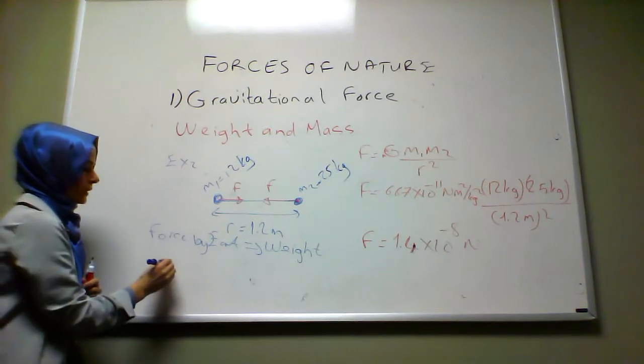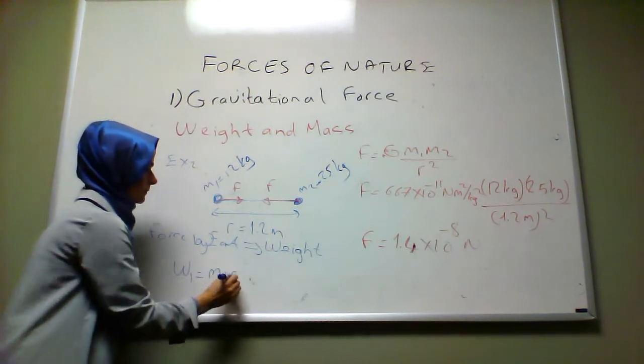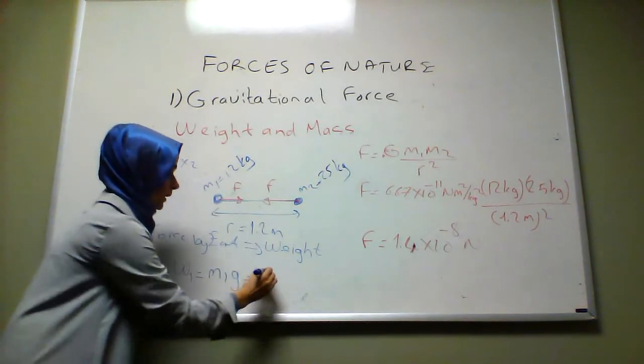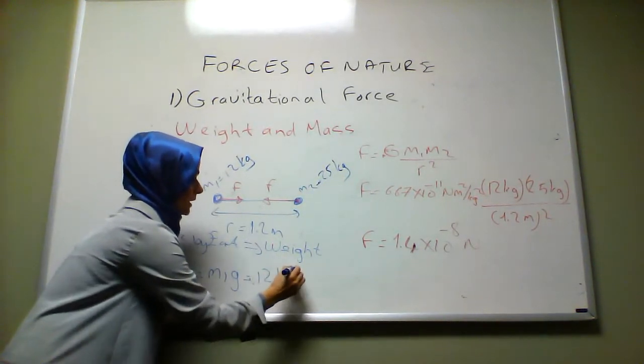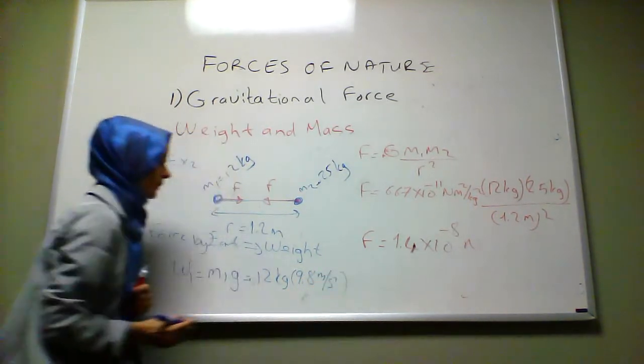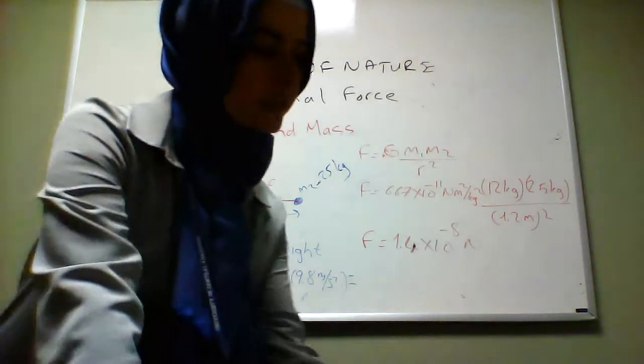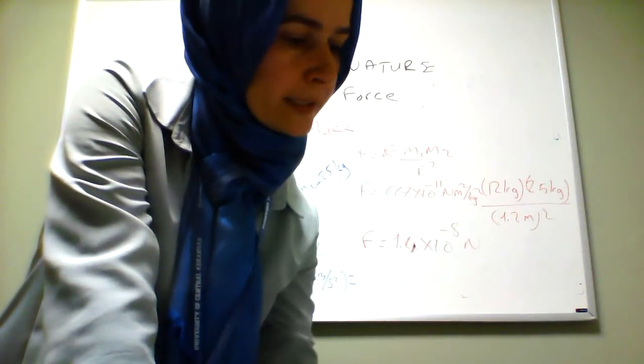So for M1, weight 1 will be M1g. M1 is 12 kilogram, and g is 9.8 meters per second squared. All in MKS units, my answer will be in Newton. And the answer for that is 12 times 9.8.